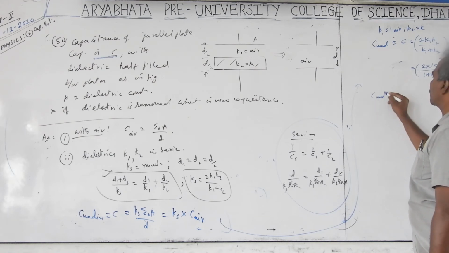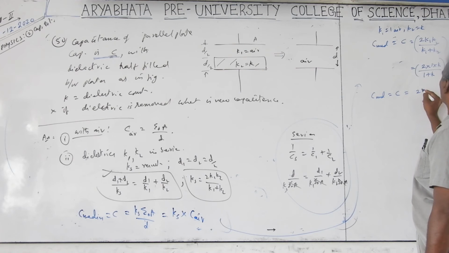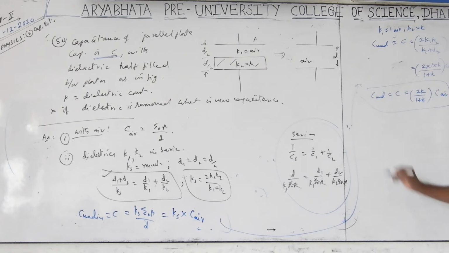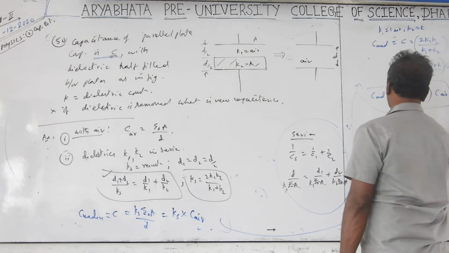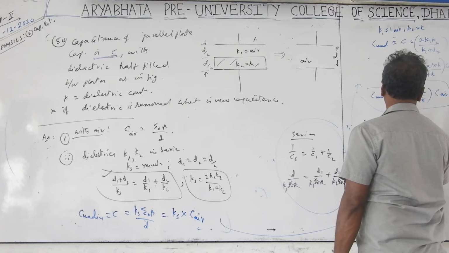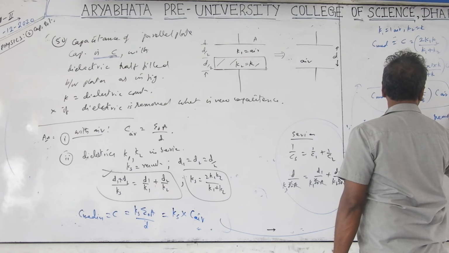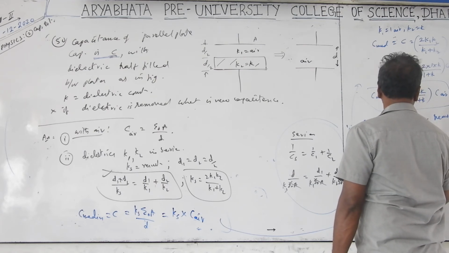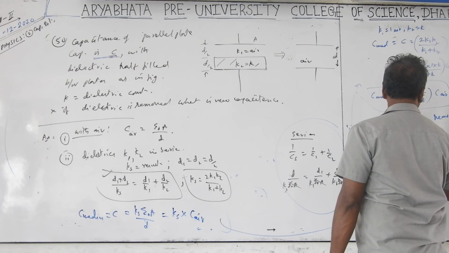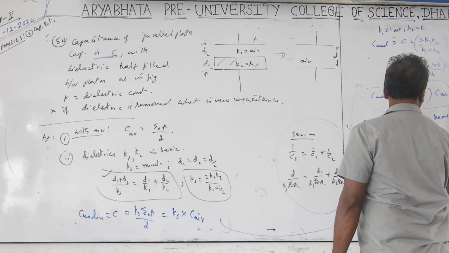That means C medium equals 2K by 1 plus K into C air. But what is asked is C air. After the dielectric is removed, C air equals 1 plus K by 2K into C medium.